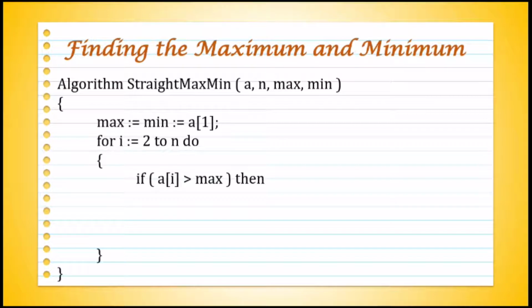So to check whether the remaining element has the max value, we will compare if A of I is greater than max. Suppose this condition is true, then we will change the value of max. So whatever value is stored in A of I will be assigned to max, if the condition is true, that is if A of I is greater than max.